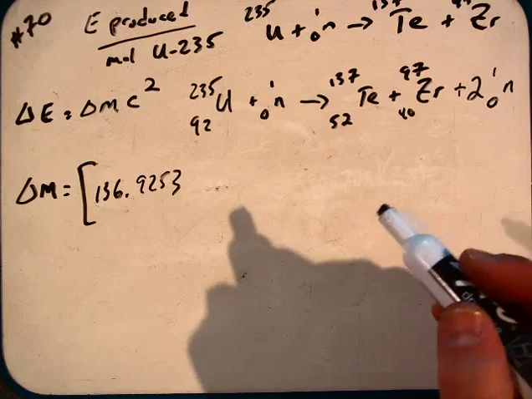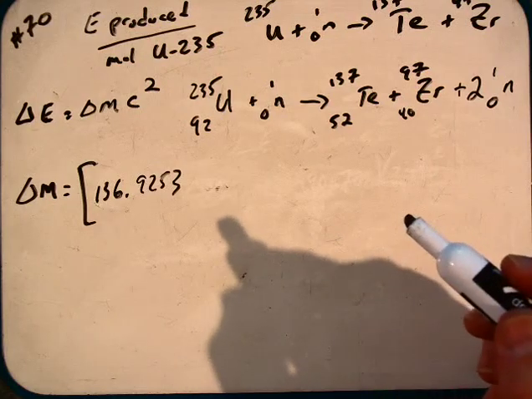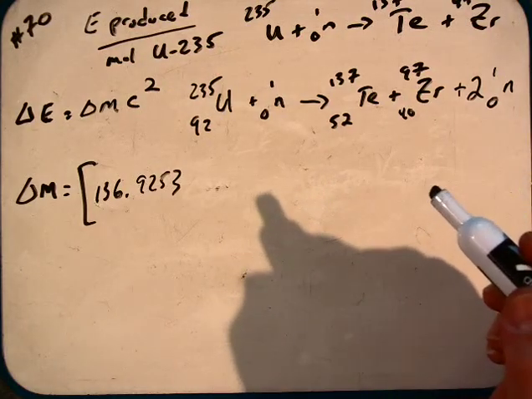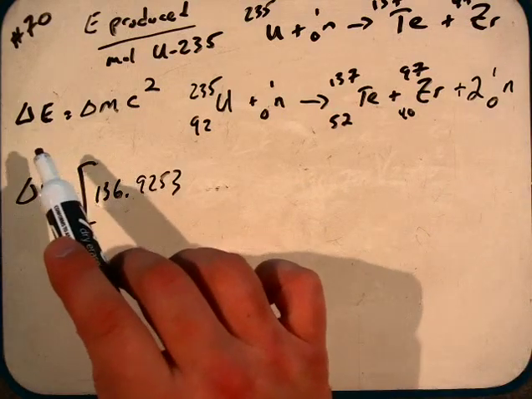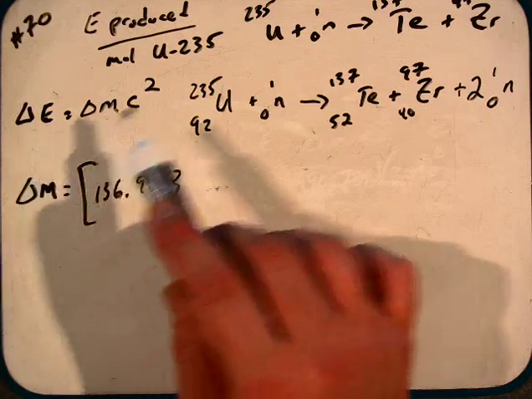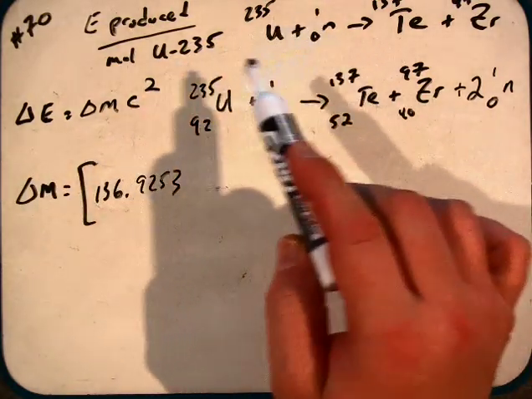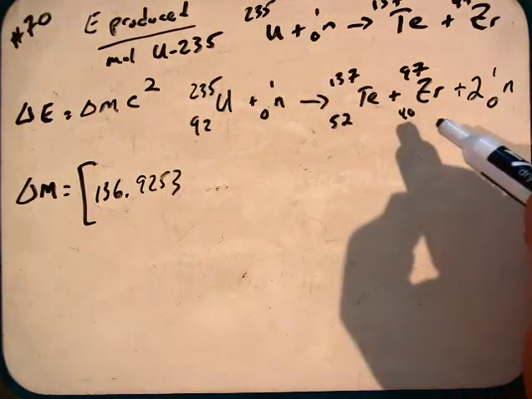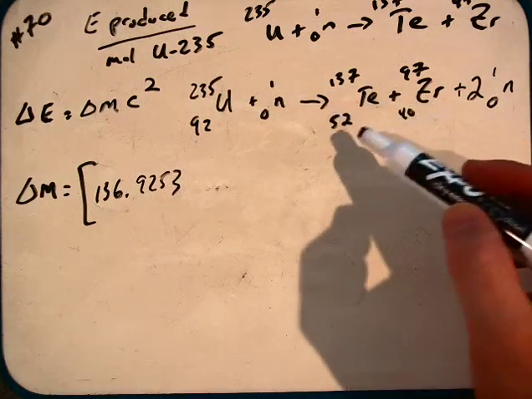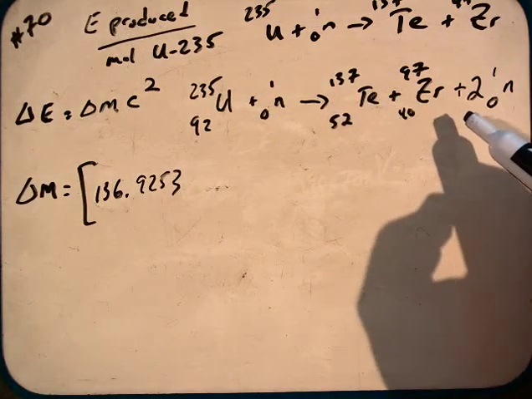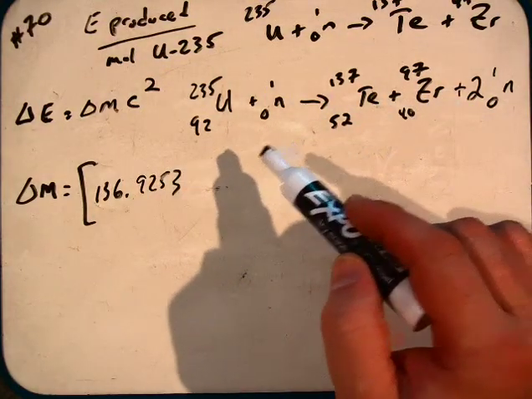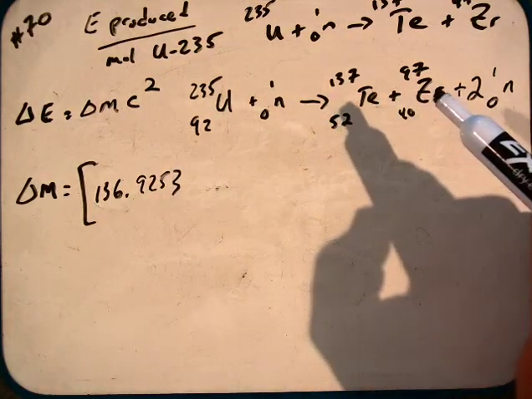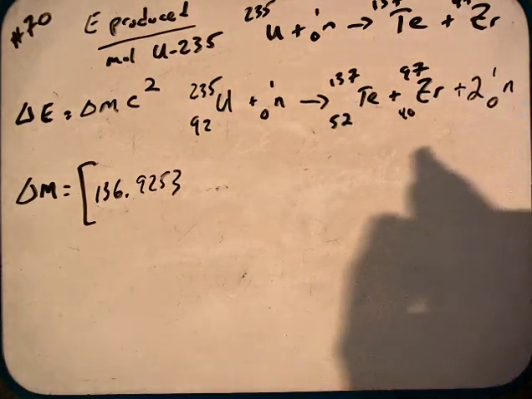And so what we're looking at here, these are really just atomic masses, but we're looking at how this change in atomic mass then results in energy, right? And that's the idea of fission, that once we take uranium-235 and it undergoes fission to produce tellurium and zirconium, there is a change in the mass. And as a result of that change in mass, there is then energy produced.